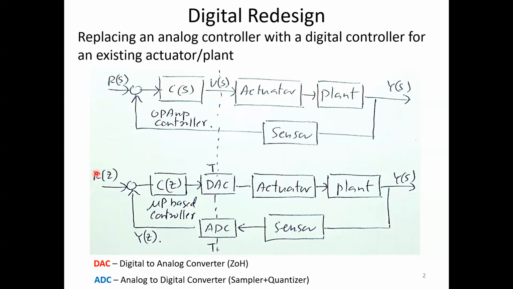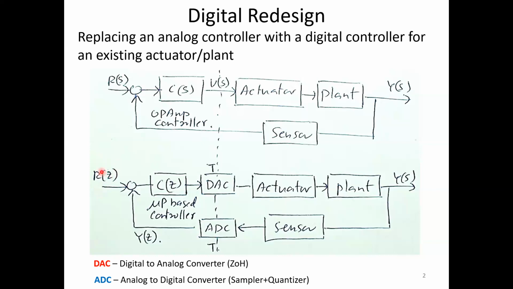I think you can understand it is easily doable. If you use a computer to plan a trajectory like R(s), the reference trajectory, you can sample it into a number of steps using a certain sampling interval, and store all these values of the reference signal as R(z). That is not a big problem. Sampling a signal is not a big problem.